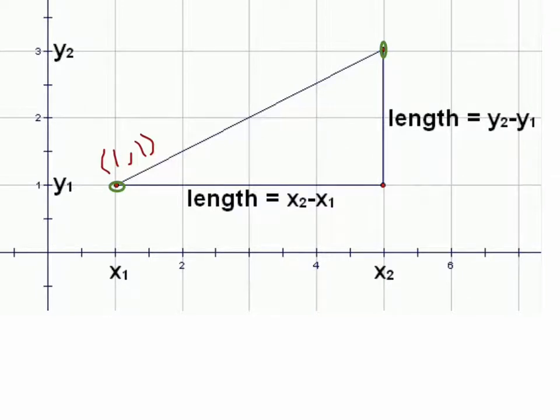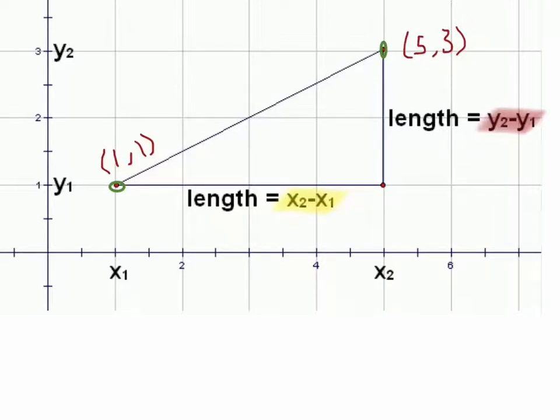This point here is 5, 3. Alright, so let's simplify this for a second here. The length is x2 minus x1, and the length here is y2 minus y1. So let me label my points.